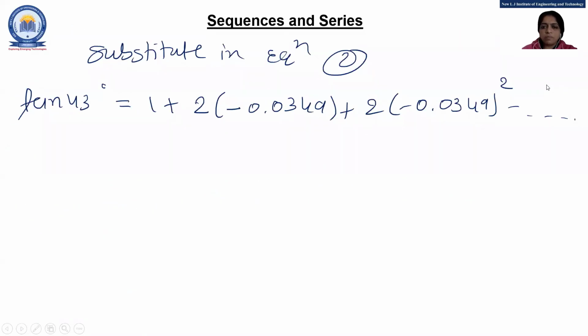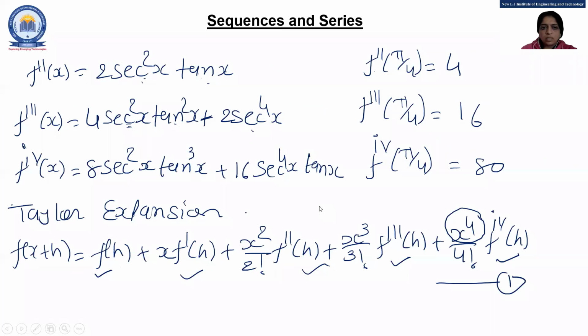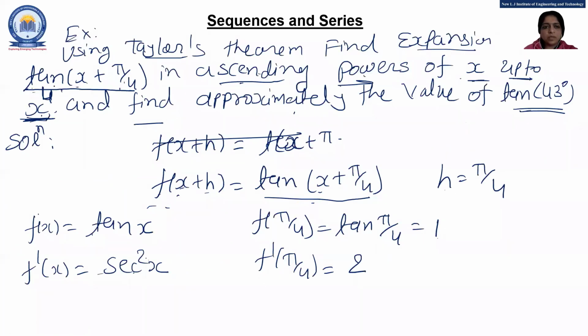You have to just simplify these first 3 to 4 terms, and your approximate answer is 0.9326. Okay.